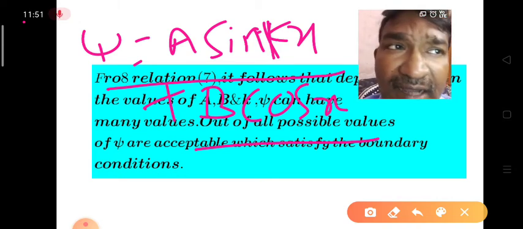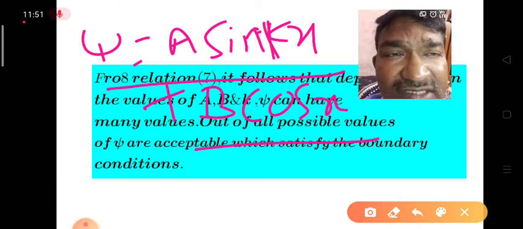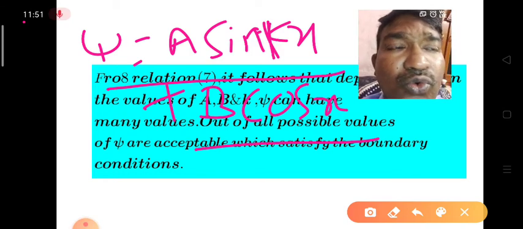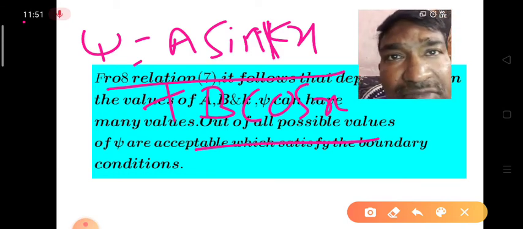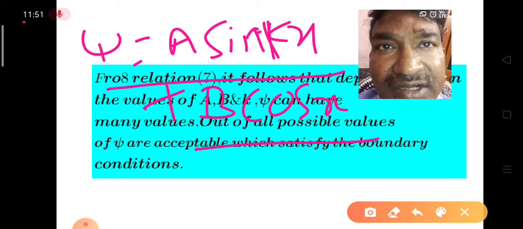So in equation 7, now we have to apply the boundary conditions.